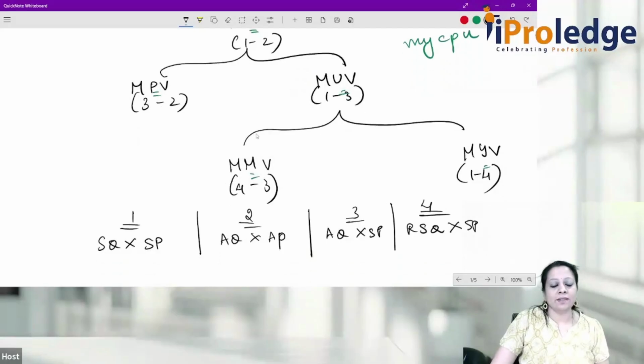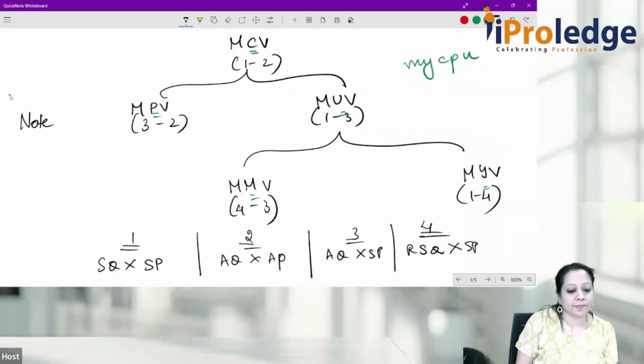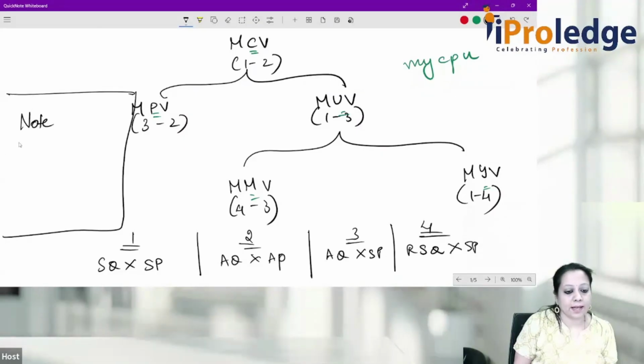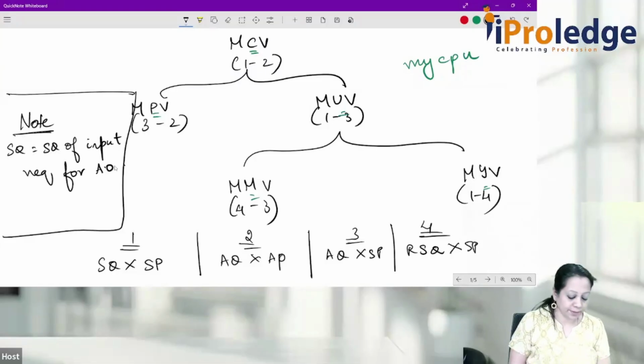Now, along with this itself, please write down this note. Standard quantity is the standard quantity of input required for actual output. Please write that down. Standard quantity of input required for actual output.